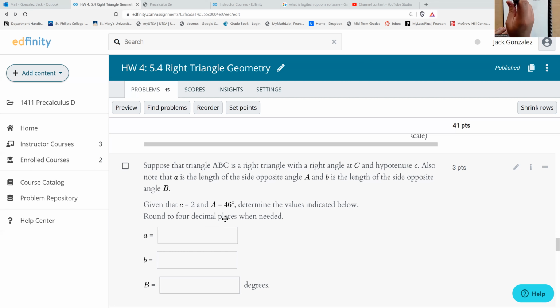Wait, what's one more information here? That's right. Solve the triangle. Given this information.